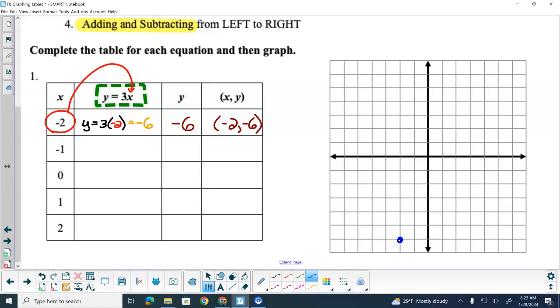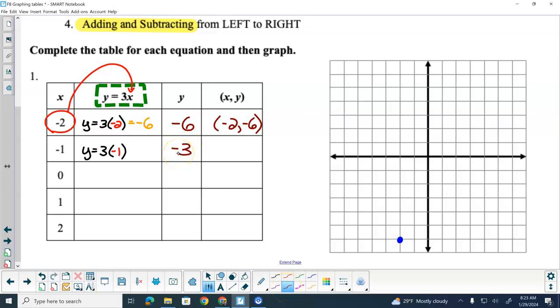Then we repeat that process for the next line. Y equals 3 times, now it's going to be -1 that I'm putting in. 3 times -1 is -3.